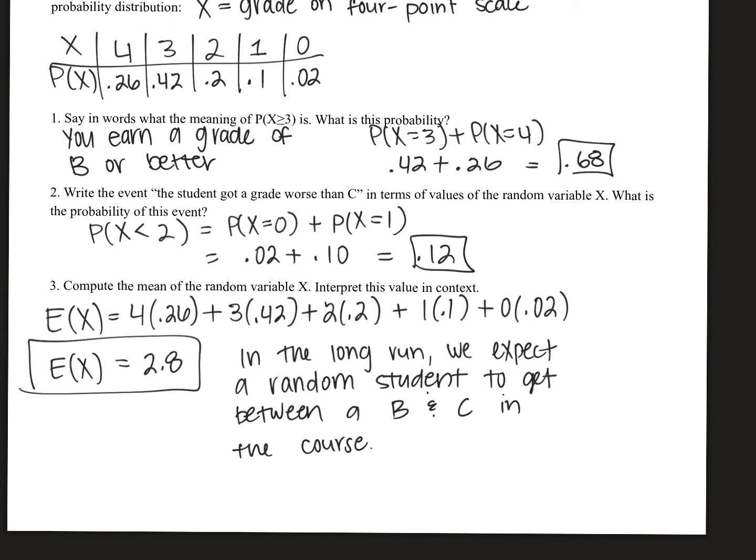It's actually more like a high C, a 2.8, pretty close to a B, but we're between 2 and 3. So 2.8 you could say is a high C+, but you could say between a B and a C, or you can say a high C in the course.